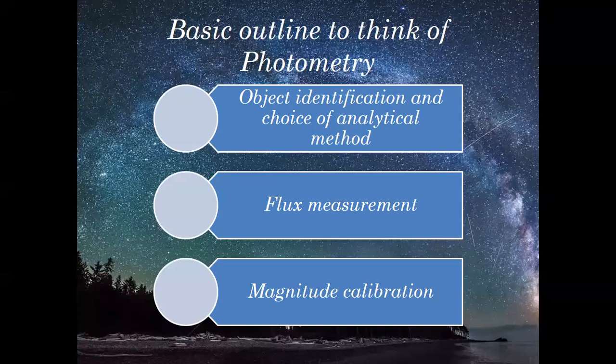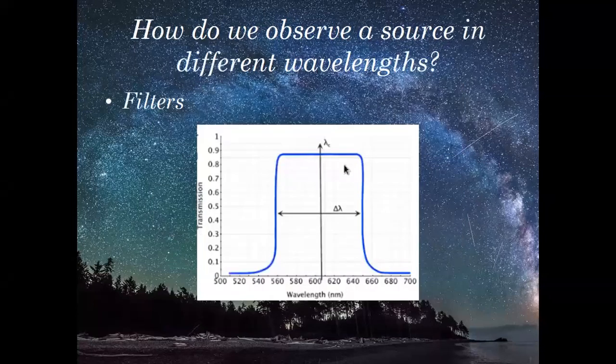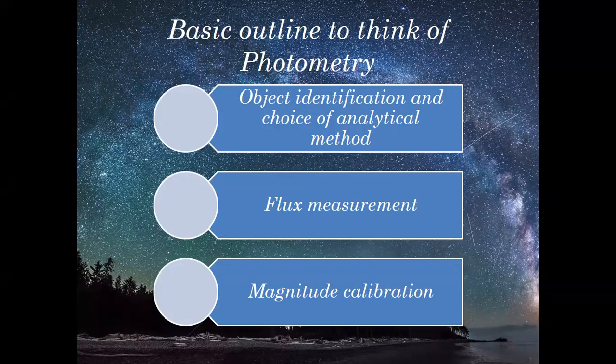Depending upon how your image is, you choose one or the other method. So first you must identify the object of prime choice, and depending upon the objects in its surrounding, you will decide whether to go for aperture photometry when the objects are quite apart from each other, or the PSF method when the objects are quite crowded.